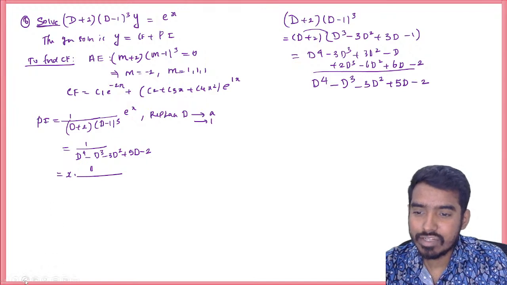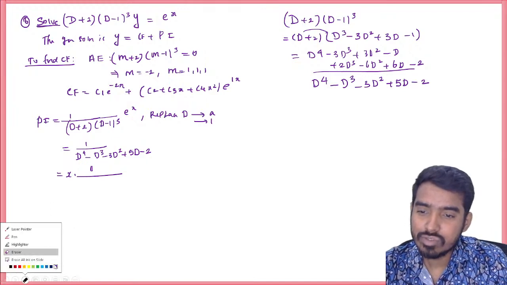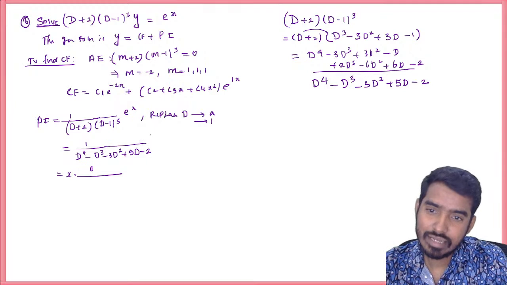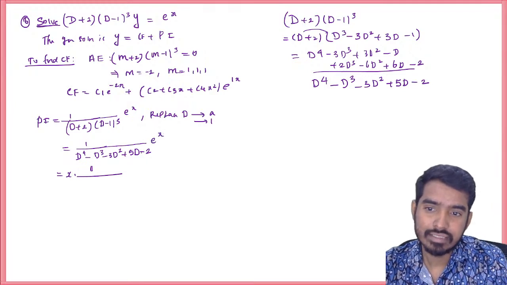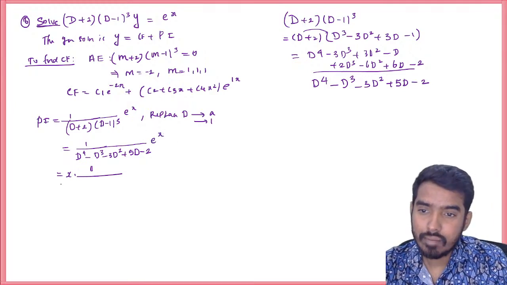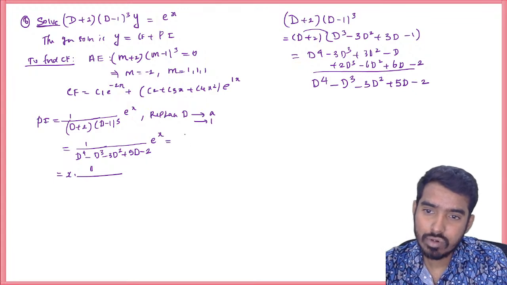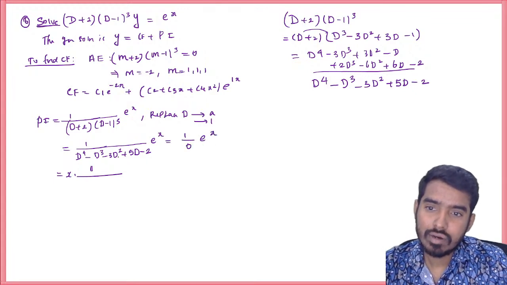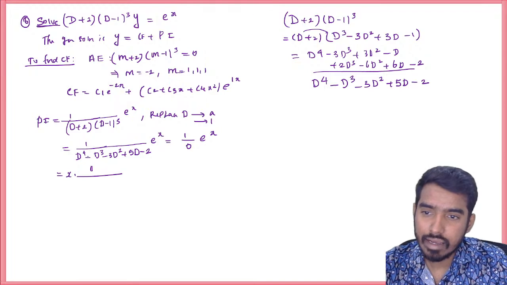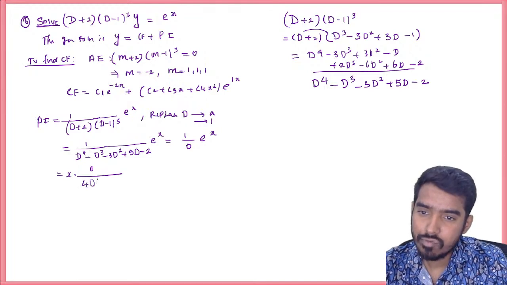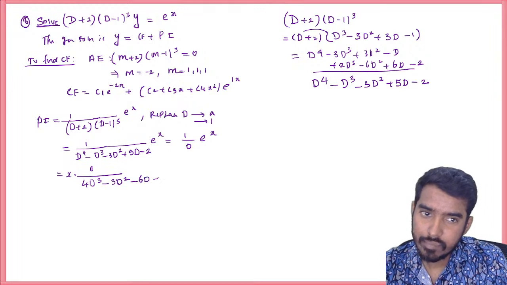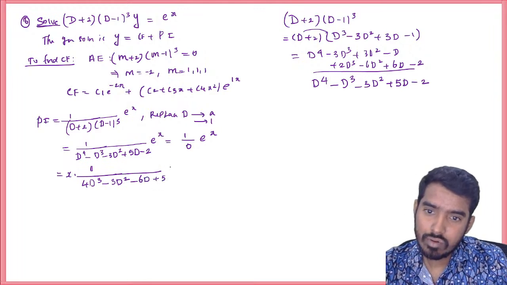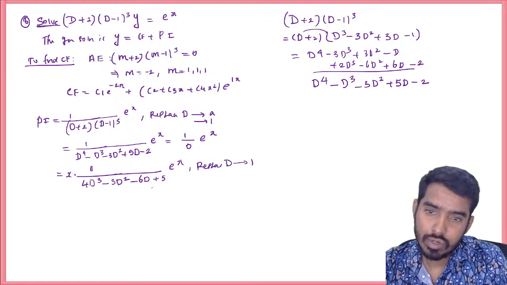So that differentiation will be easy, or else you have to apply UV method. It's also easy only, e power x, right? So replace, multiply, here if you put d is equal to 1, we have 1 by 0 e power x, right? So multiply x and differentiate this denominator, it will be 4d cube minus 3d square minus 6d plus 5, right? Now you again replace d to be equal to 1 here.